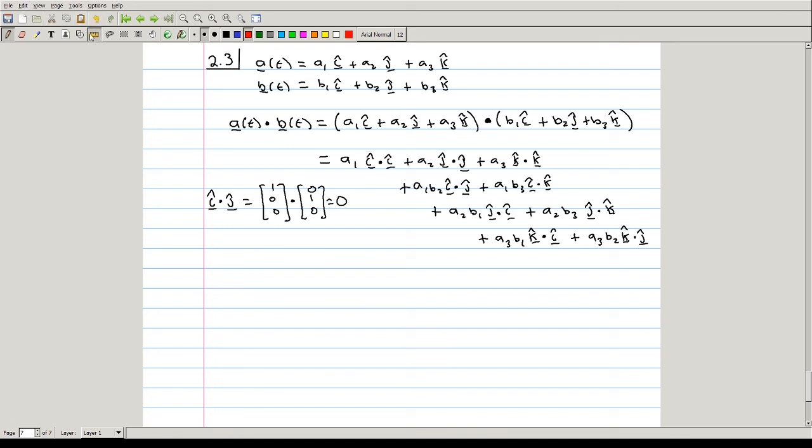So each one of these, i dot j, i dot k, j dot i, j dot k, k dot i, each one of these is just equal to 0.